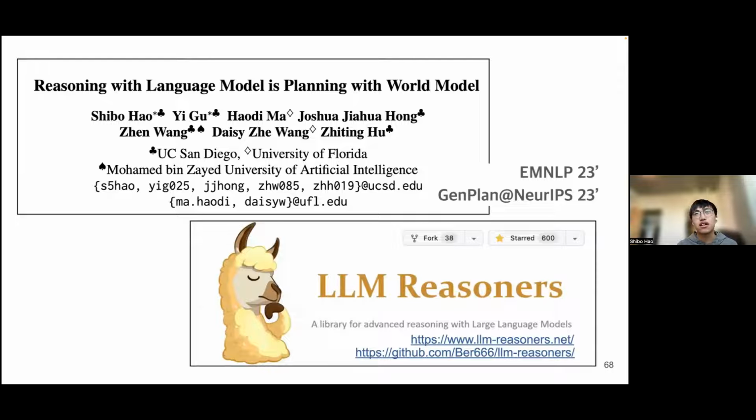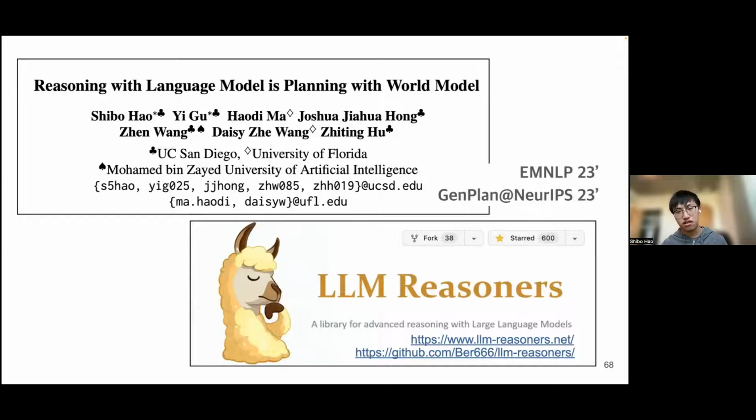We regard the reasoning problem as a planning problem. In a sense, you are searching for the optimal sequence of reasoning steps to arrive at the final answer, like the mathematical problem in our examples in the slides a few pages earlier. You may have different paths to reason over the question and give a final answer.